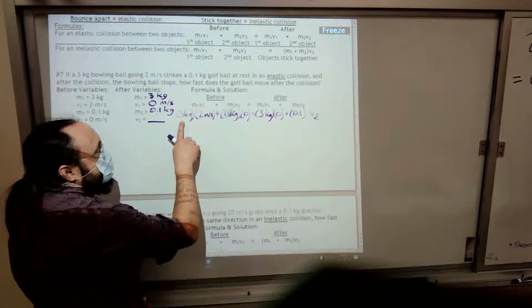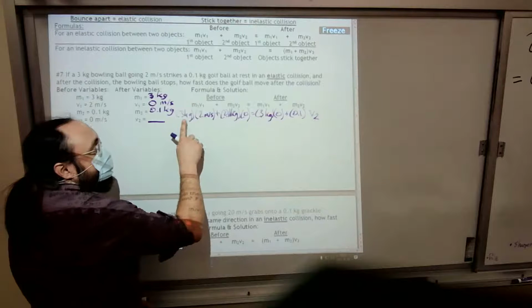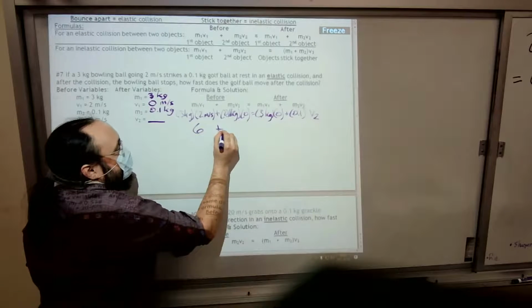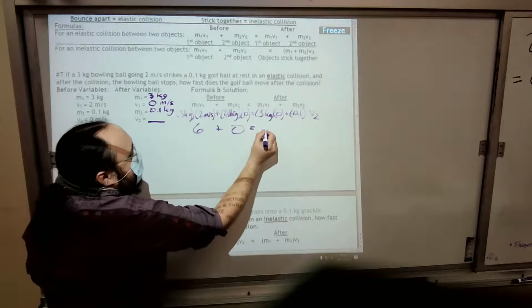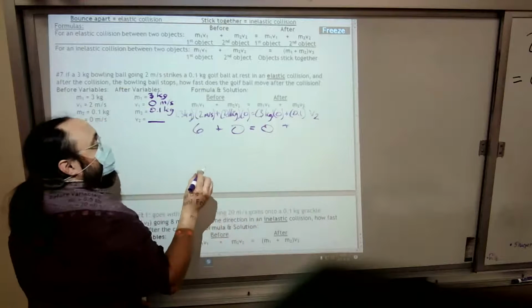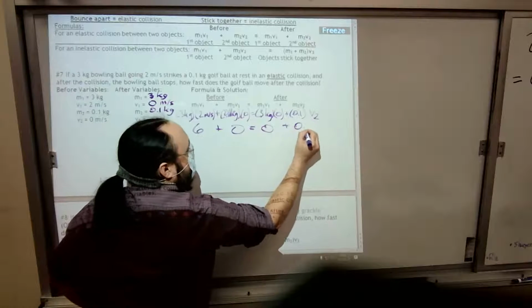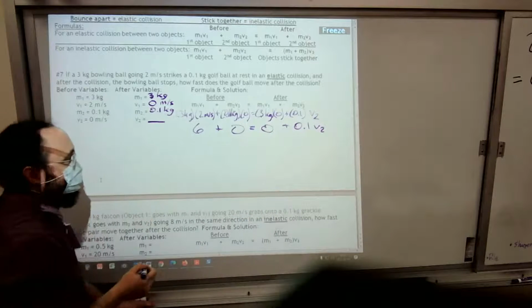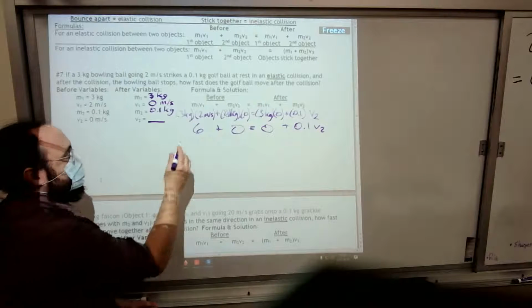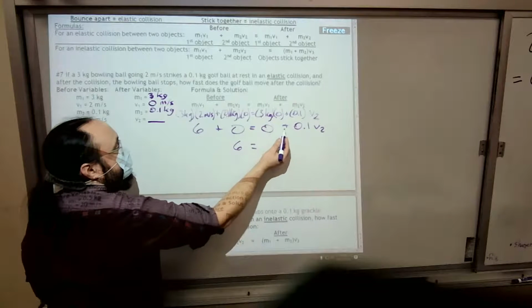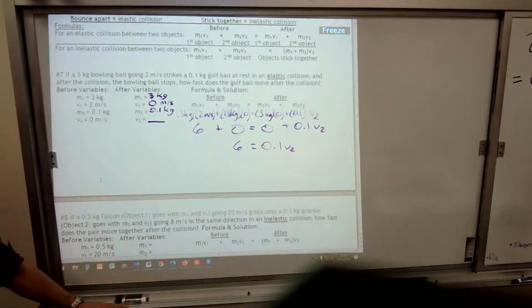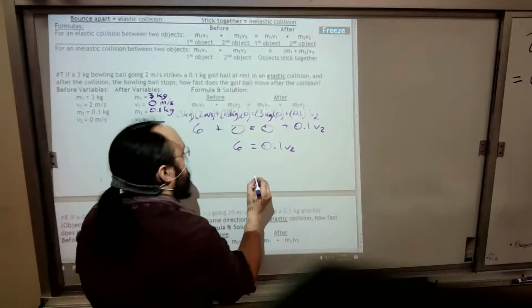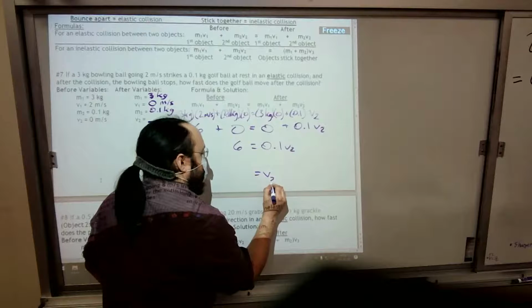M1 times V1 has 3 kilograms times 2 meters per second. 3 times 2 is 6. 0.1 times 0 is 0. 3 times 0 is 0. 0.1 times V2 is 0.1 V2. 6 plus 0 is 6. 0 plus 0.1 V2 is 0.1 V2. So you can see it gets real easy after you write everything down, but it's real important to stay organized. Otherwise, with all the M's and V's and 1's and 2's, it makes it real difficult.